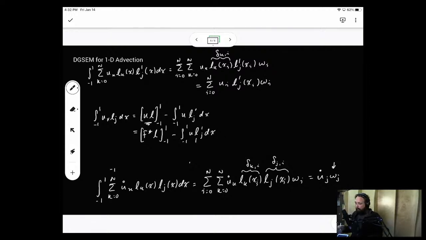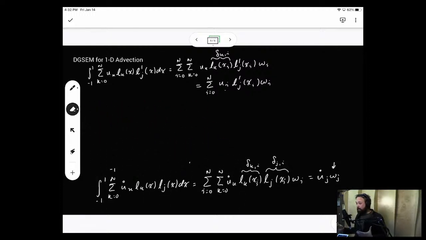Okay. Now if I were to write this, basically what this ends up looking like is somewhat of a matrix vector product. I have a vector of solution nodal points here. And then for each j, I have a series of entries that I need to multiply by in order to calculate this derivative. So if I were to piece this all together, so far what we have in the discrete form, the discrete representation of our PDE, if you're familiar with numerical PDEs, is what we call a method of lines.